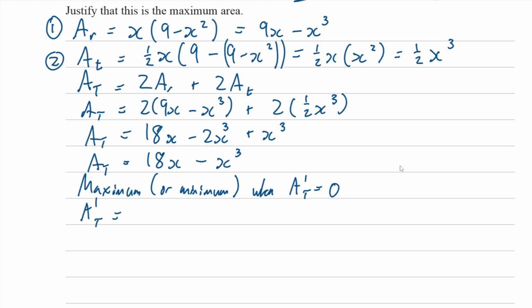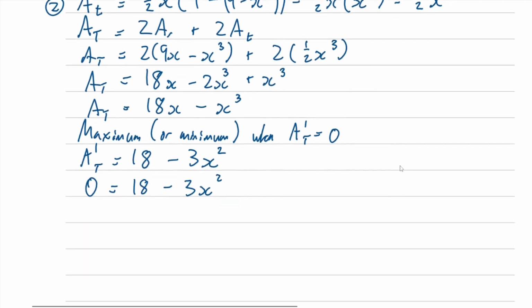The derivative of 18x with respect to x is 18. The derivative of negative x cubed with respect to x is negative 3 times x squared. And we set that equal to 0 because we want to find the x values of the turning points.